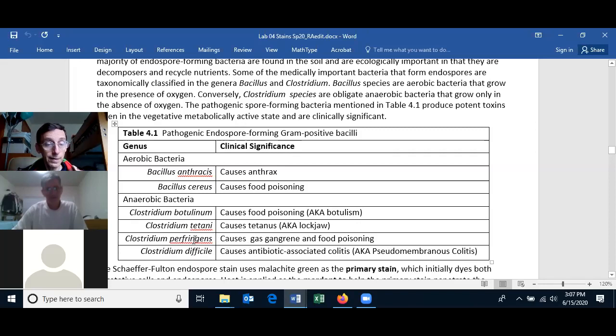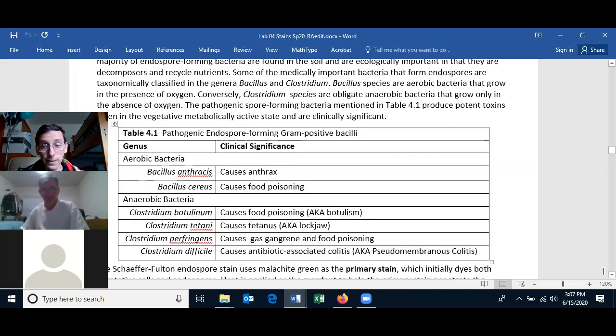You'll notice that most of the bacteria that produce endospores are in mostly two families. There is an exception, but mostly members of the Bacillus family and members of the Clostridium family are the species of bacteria that produce endospores.